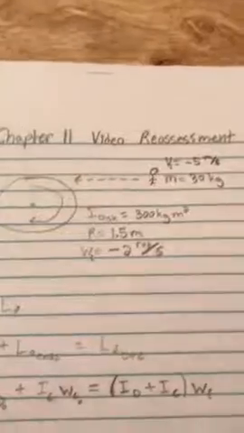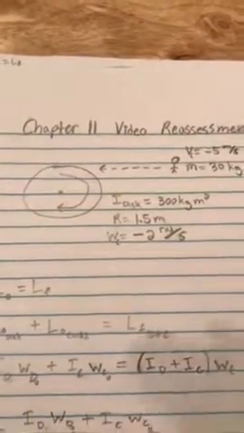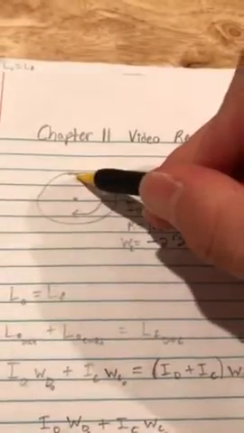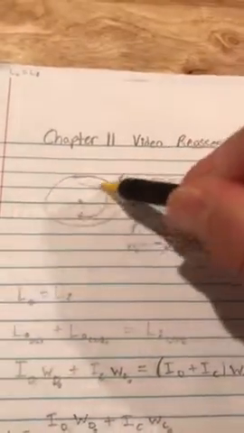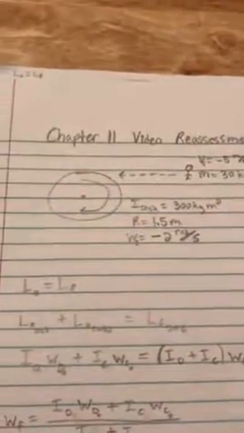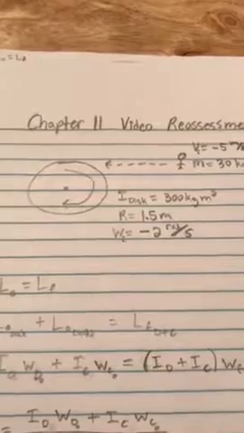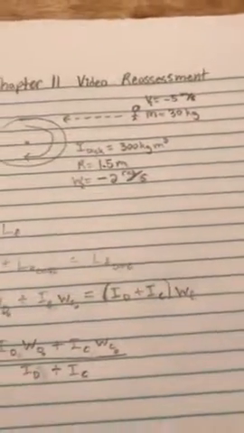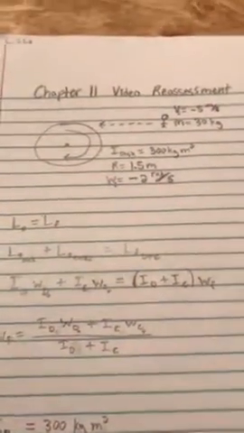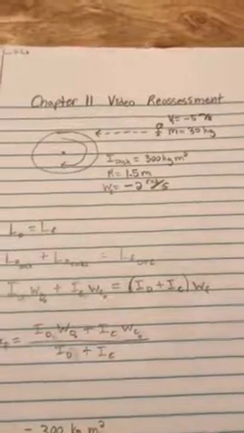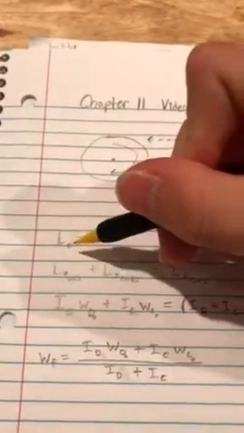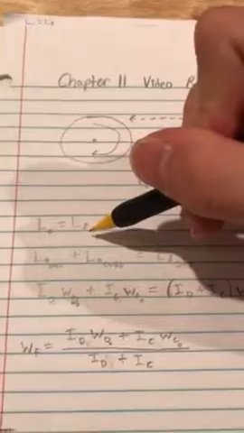So we're looking for the angular velocity once this person's on the disk. The disk and the child are going to be in the system, and we're looking for the angular velocity after that happens. Alright, so we're going to start off with angular momentum initial equals angular momentum final.